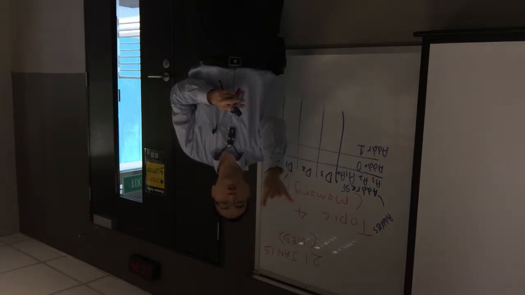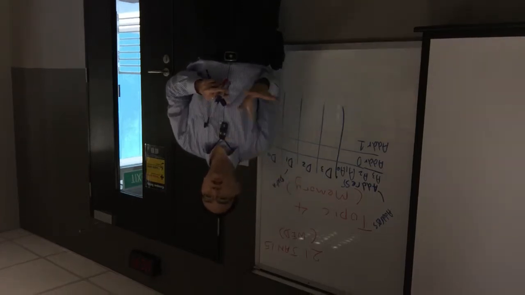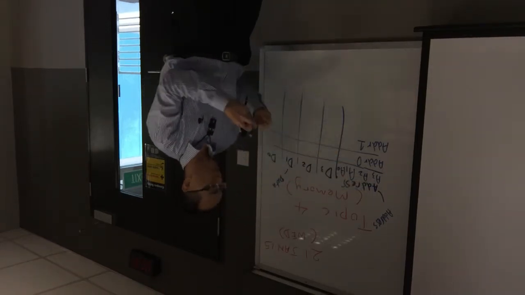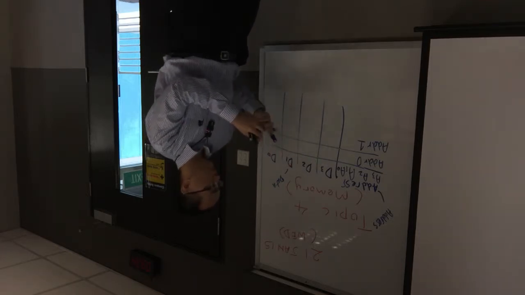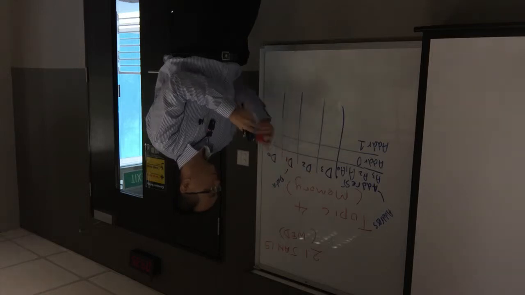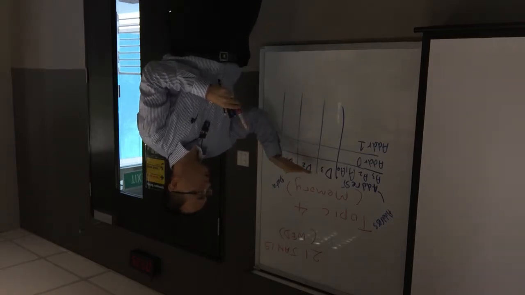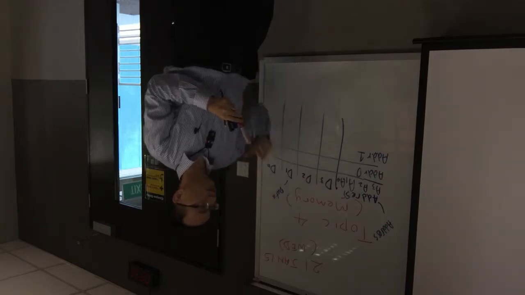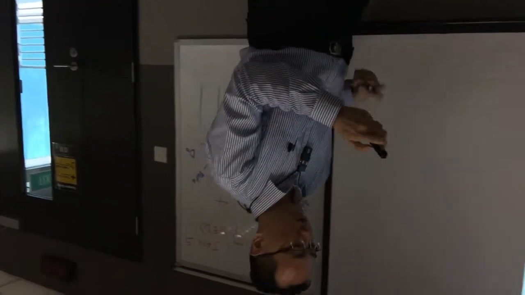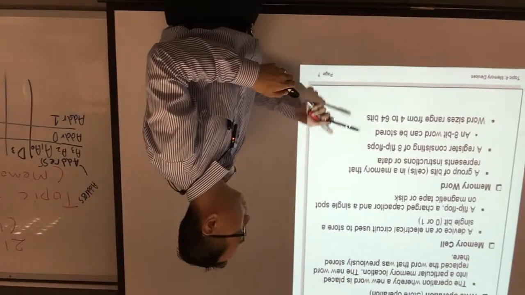If I don't have your address, I cannot send you a letter. So I need an address. Same for memory. And then of course the memory itself has data lines. So your address and data are these two key components. Quite a simple concept, right?